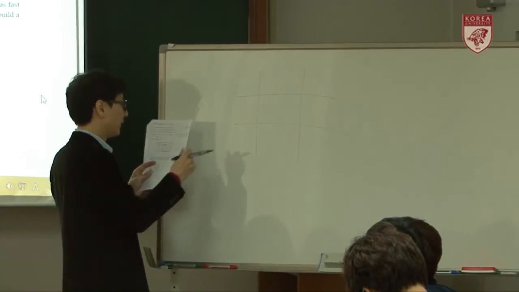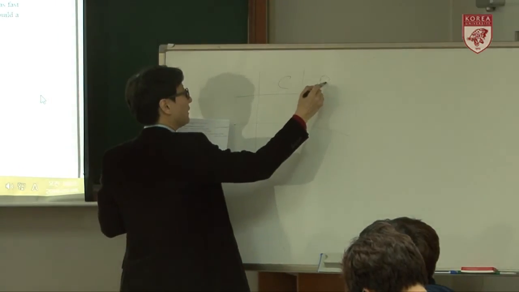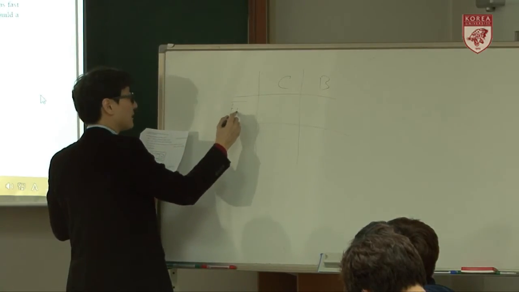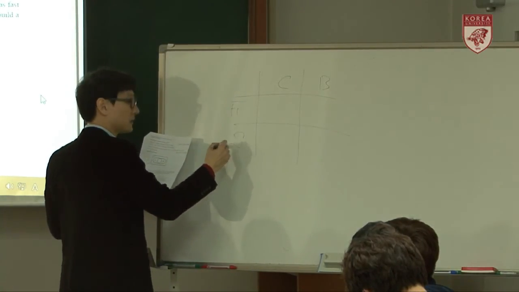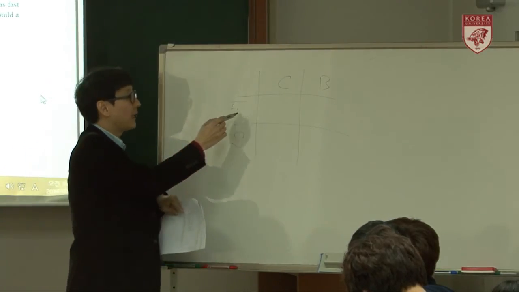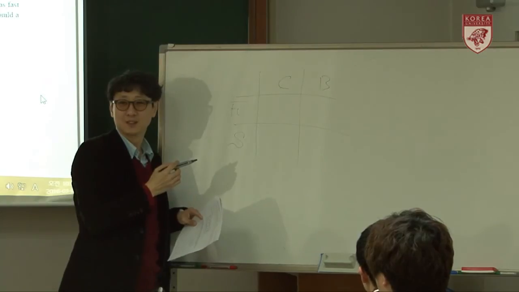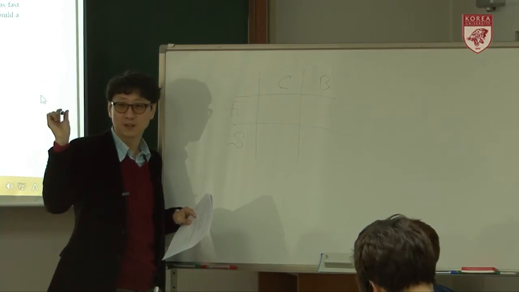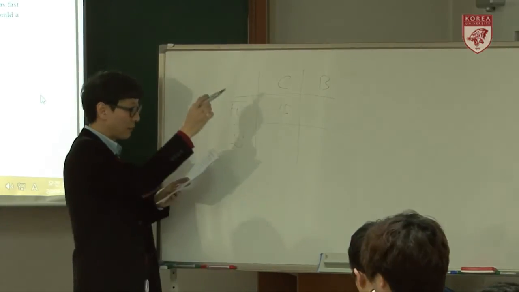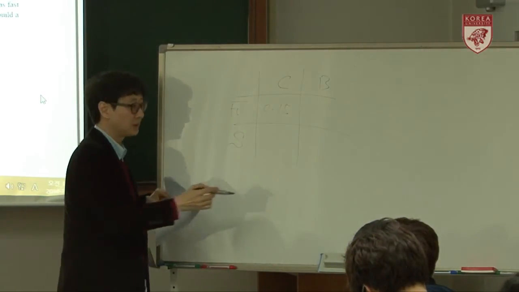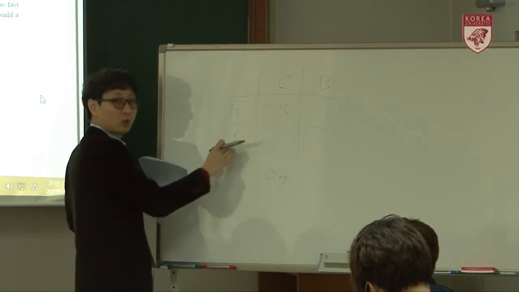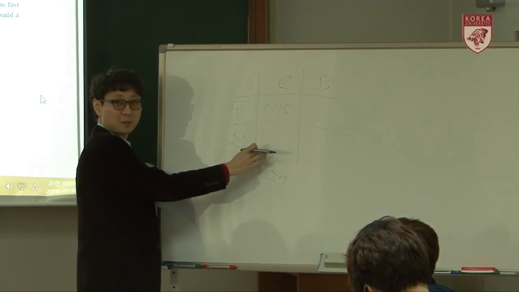One is car or bike, and second is fast or slow. And what's the probability of fast car as given in the problem? 0.15. And the probability of car is 0.7. So probability of slow car should be 0.55.